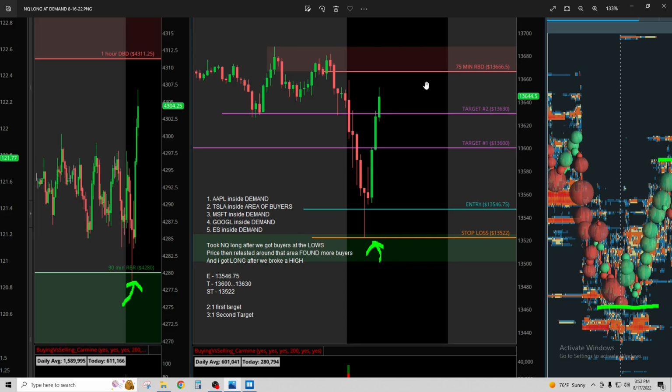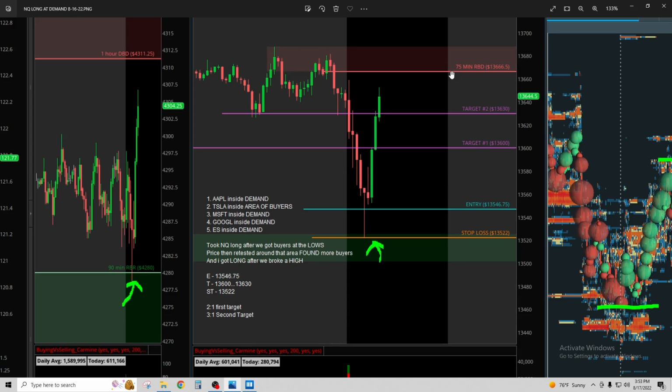The reason I chose a little bit different targets for this trade was because we had already sold off quite a bit in the morning, and sellers at that point had shown their strength in the market. So I was not too confident in expecting price to come back up to high of day. In this trade, it did. It actually went past the 75-minute supply zone before pulling back and closing somewhere up here end of day.